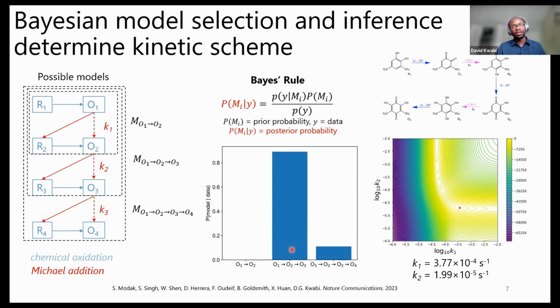What we then did was, sorry, we actually converted this Bayesian inference protocol into estimating the rate constants for the two transitions that we believed were involved in the Michael attack reactions that this molecule undergoes, and found a probability density for those two rates, and those are what are shown here in the red dot. Okay.